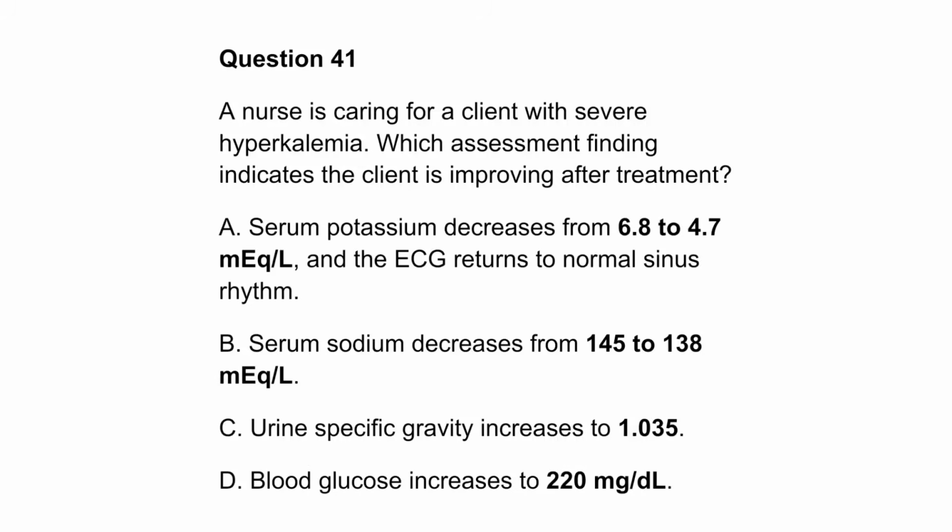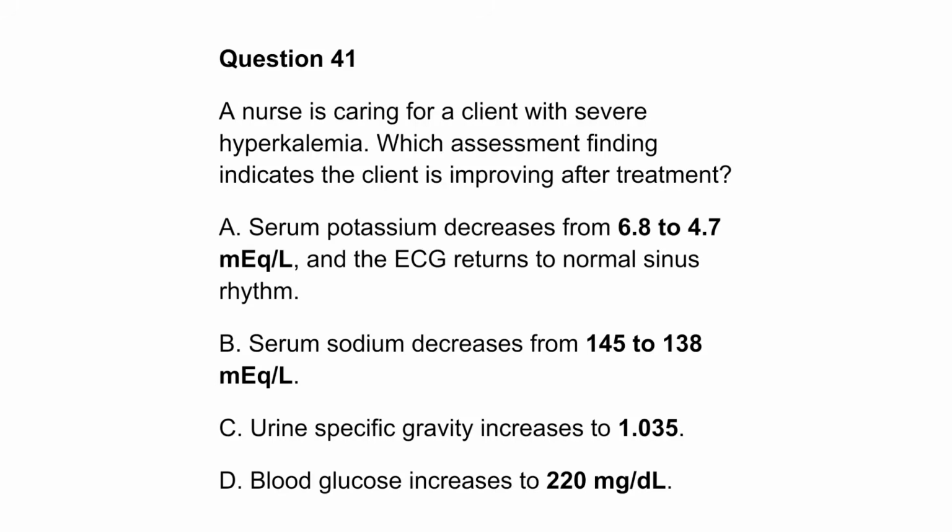Question 41. A nurse is caring for a client with severe hyperkalemia. Which assessment finding indicates the client is improving after treatment? A. Serum potassium decreases from 6.8 to 4.7 milliequivalent/L, and the ECG returns to normal sinus rhythm. B. Serum sodium decreases from 145 to 138 milliequivalent/L.